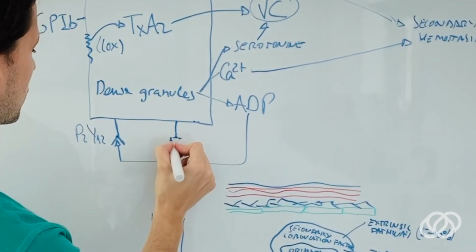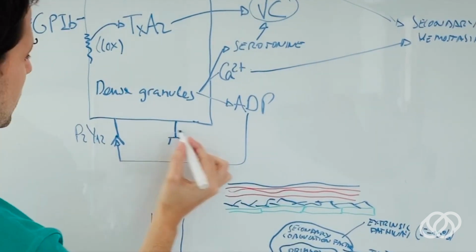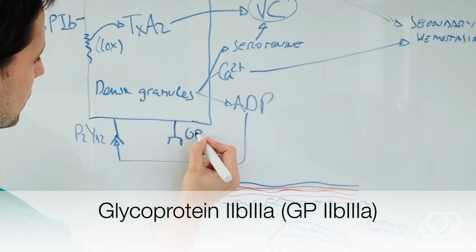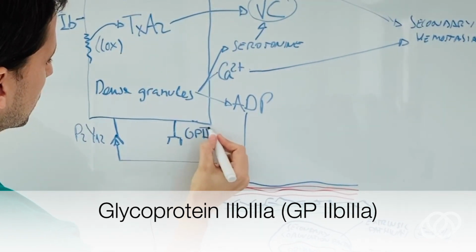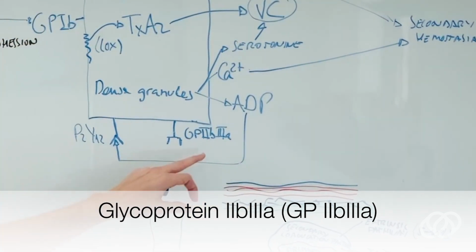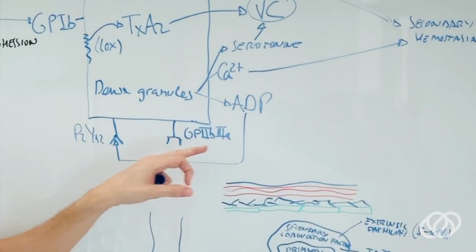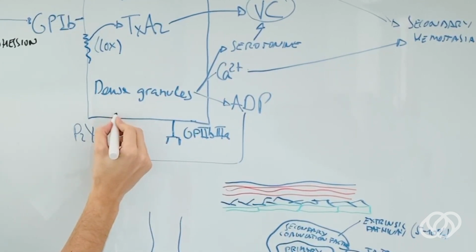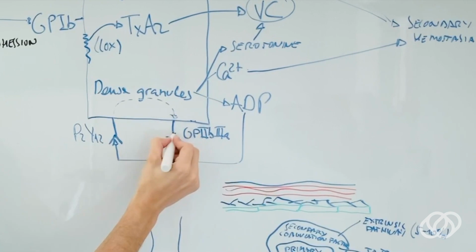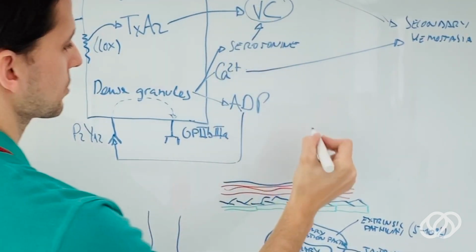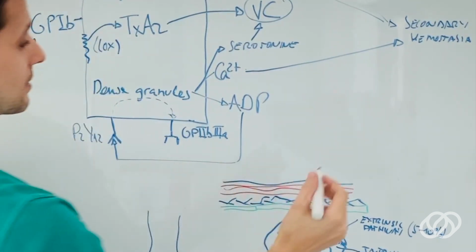This other receptor is called GP, that's glycoprotein 2B3A. This glycoprotein is usually inactive; when we activate this P2Y12, it activates this GP2B3A.